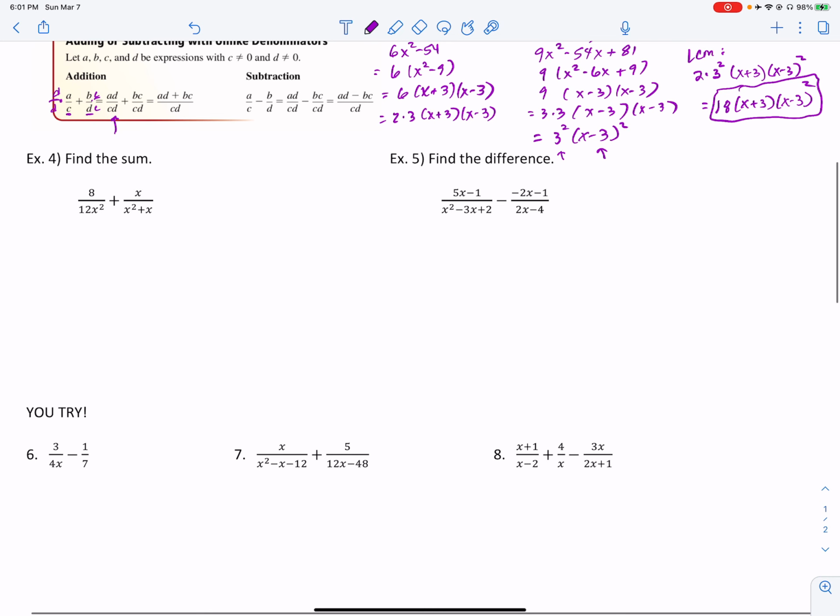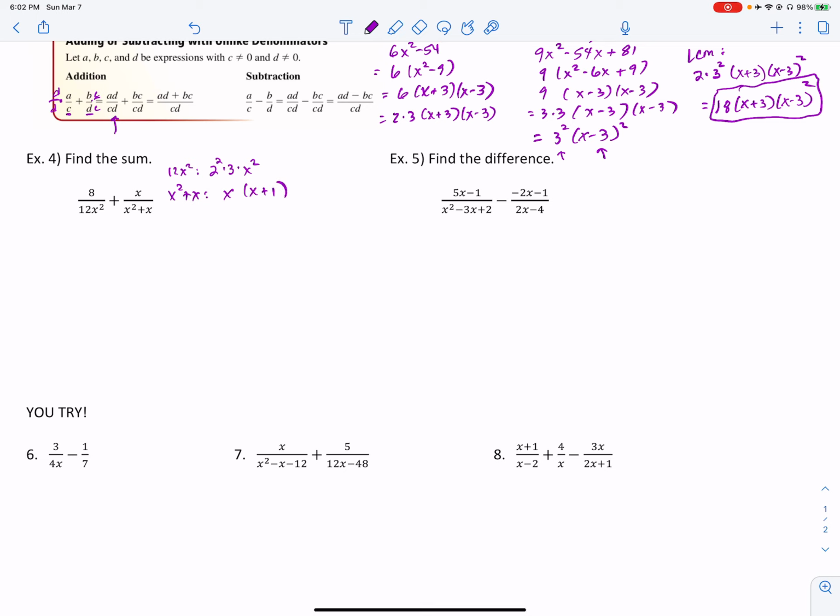All right, so in example 4, we need to find the least common multiple. And so 12x squared, well, 12 is 4 times 3, or it is 2 squared times 3, and it is times an x squared. And for x squared plus x, take out an x, and we have an x plus 1.